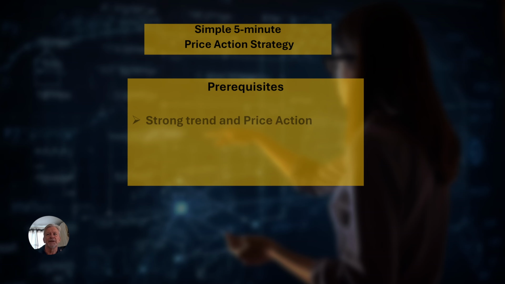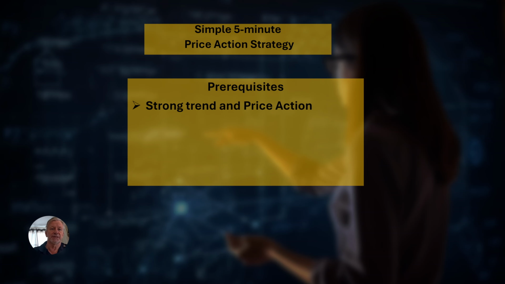So we need a strong trend and price action. Very important. The session time is when the market is opening in the morning, and approximately 3-4 hours, depending on the market and how it's trending. Is it very strong? It could be more. Is it not strong? It could be less.